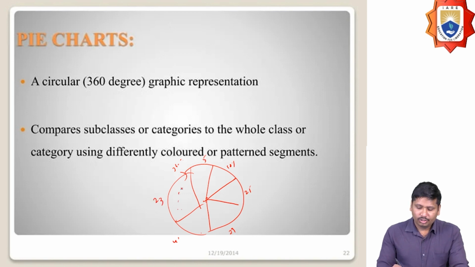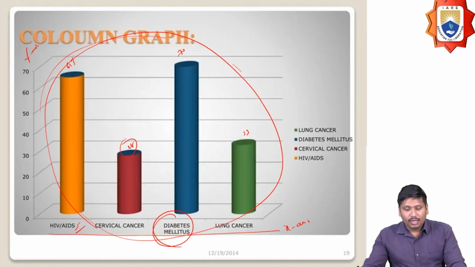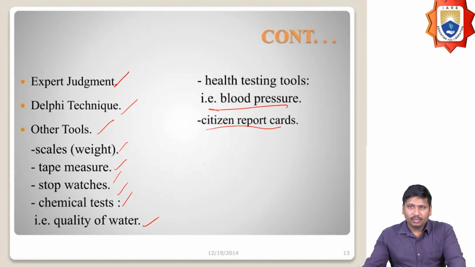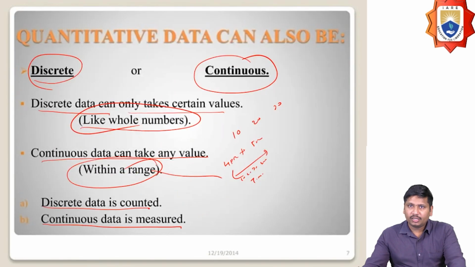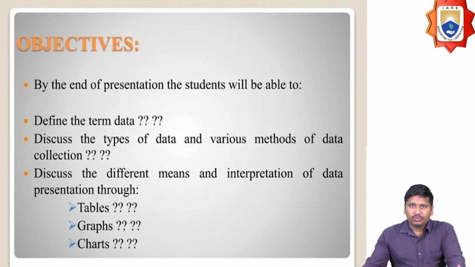So the proportions are going to be represented, and then it should be a pie chart, right? So like this, we have different types of diagrams for representing and for visualization also, right?